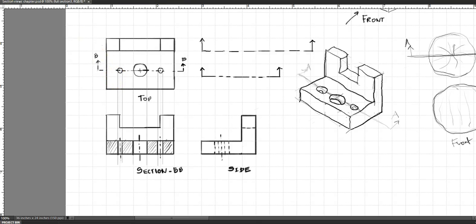The next thing we have to remember is we have to name our section. So I might have two sections on the same object. One is going in this direction, and I could have the other one going in this direction.